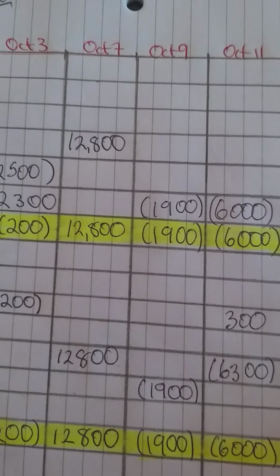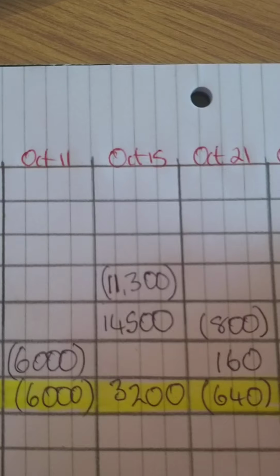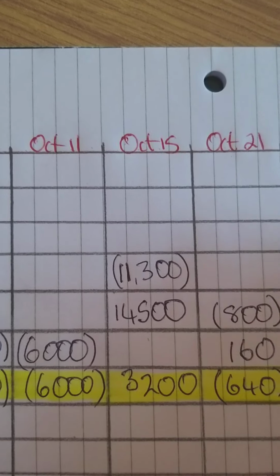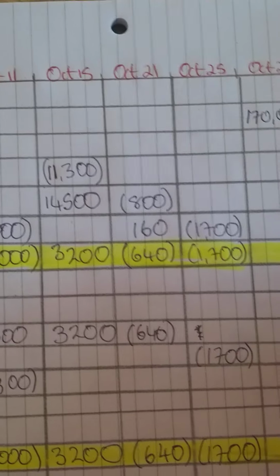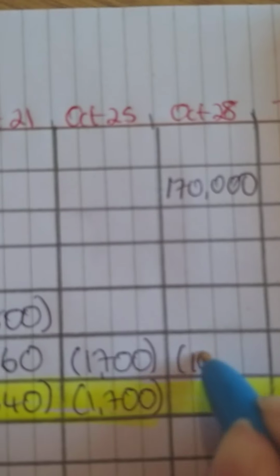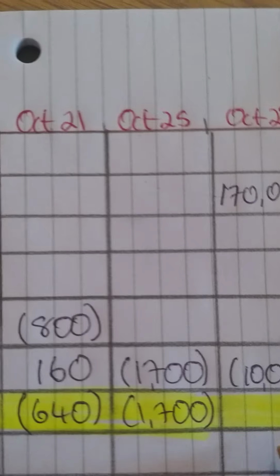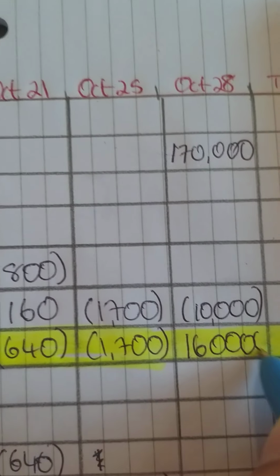So our assets, our buildings have just increased by 170,000. Our bank is going to be reduced because the deposit of 10,000 was paid out, so that's going to be reduced by 10,000. So that will give you a total of 160,000 there.